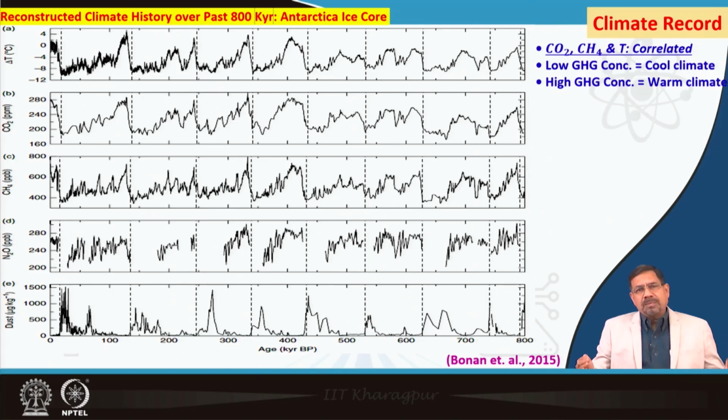The present is on the left hand side and the 800,000 years before present is on the right hand side, and look at the variation pattern. I would like you to focus on the upper three, and the correlation pattern. Broadly you can very well see that the methane pattern of variation and the carbon dioxide are also corroborated with respect to the temperature variation. So, what does it mean?